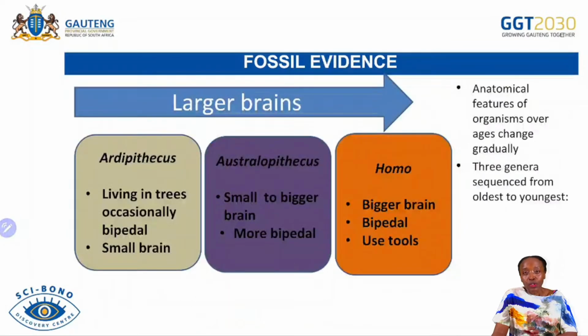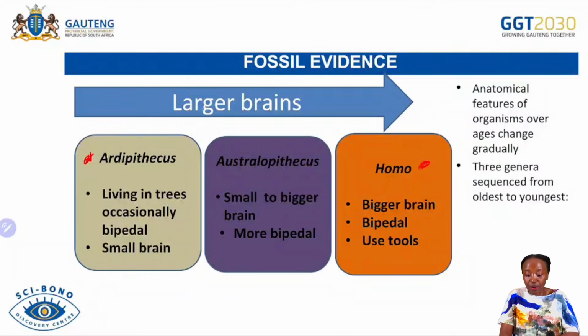So the fossil evidence, what does it tell us about human evolution? We remember earlier you looked into the size of the brain, the capacity in relation to the body. So the evidence that has been found on fossils and the evolution of humans, when it's put together, shows that there has been an evolution of the brain from the smallest, from this genus, which is Ardipithecus, to the largest, from this genus, which is Homo.